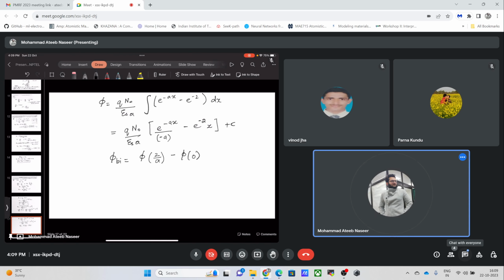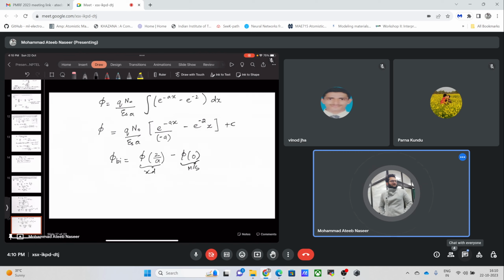So this phi, if we were looking for this built-in potential, we said that it would simply be the difference between the potential value at the depletion region and the metal semiconductor interface. This is the metal semiconductor interface and this is the depletion width xt. So we have to substitute these values in this phi, and the c will go because this is a constant term.